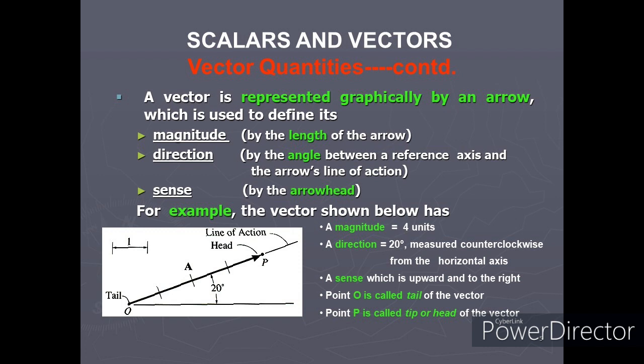It has a head or sense, which defines the direction it is moving, forward, backward, and what have you. Then you have the direction, inclined to any reference axis, either horizontal or vertical. And this is the tail. Any vector can be represented like this.